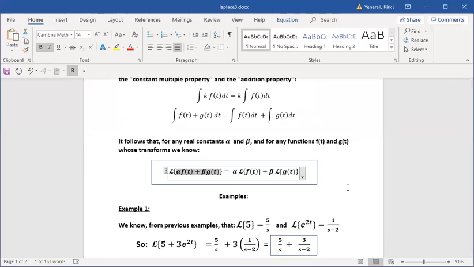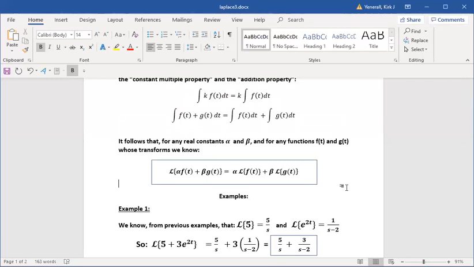Well, because of the linearity of the integral, that means necessarily that the Laplace transform of alpha times f plus beta times g will be alpha times the Laplace transform of f plus beta times the Laplace transform of g. That follows directly from the fact that integration, antidifferentiation, has those properties.